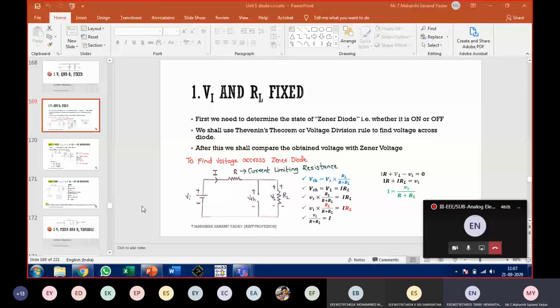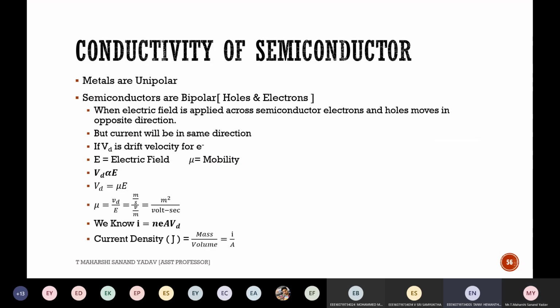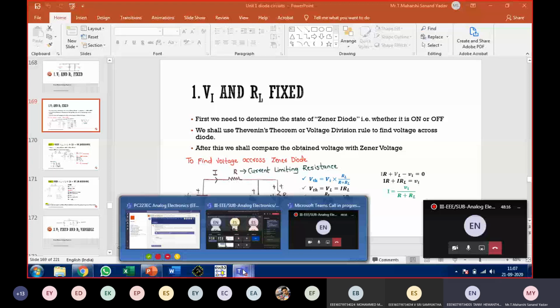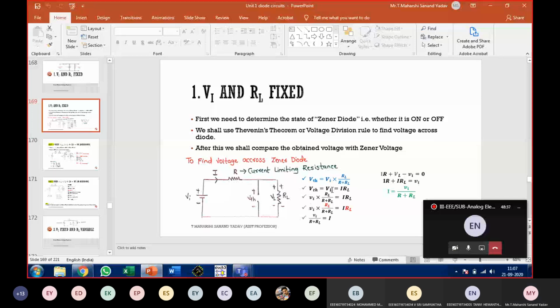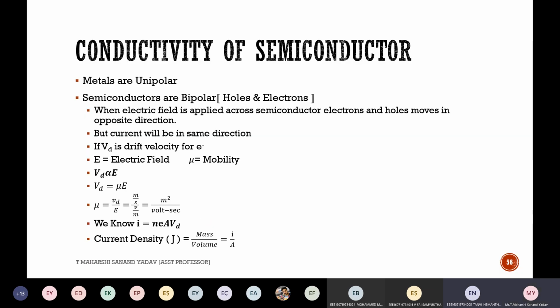No, sir, conductivity of semiconductor. One second, it may take some time. Now you check once. Yes, sir. Vi and RL are fixed.